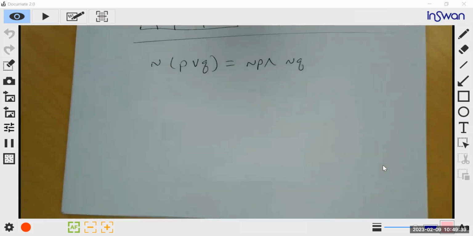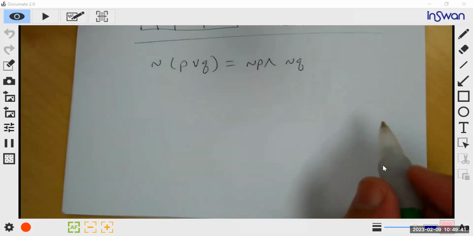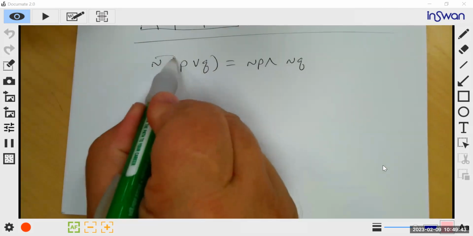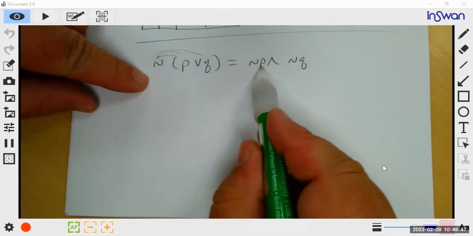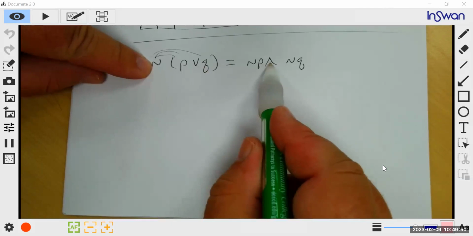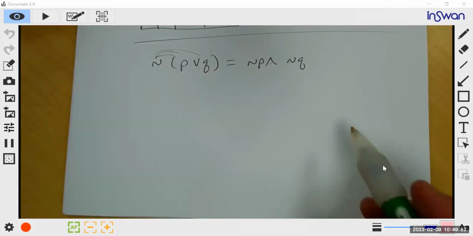Very good. Because we distributed, we changed every element. We have not P, and the or becomes an and, not Q.